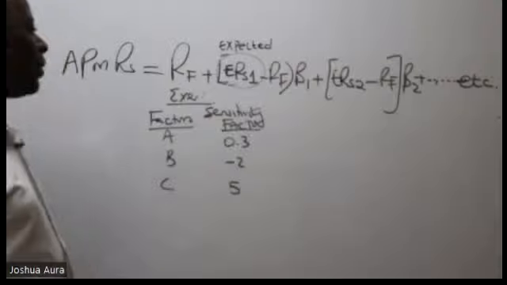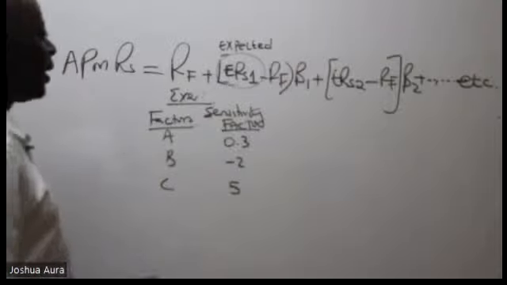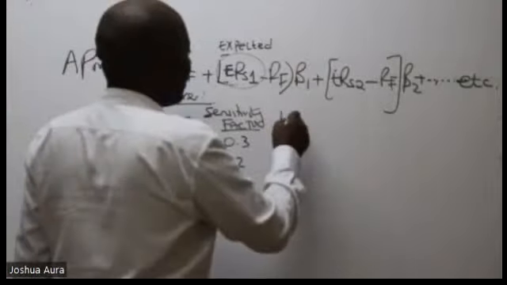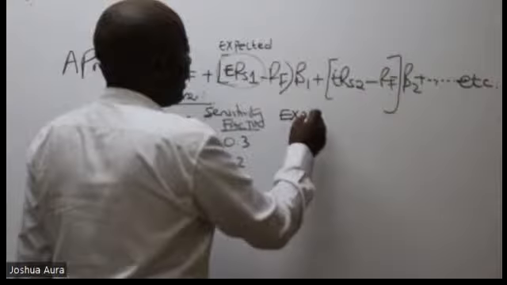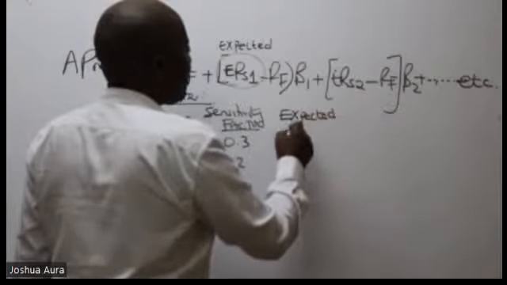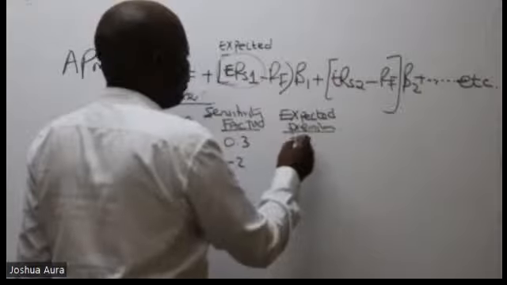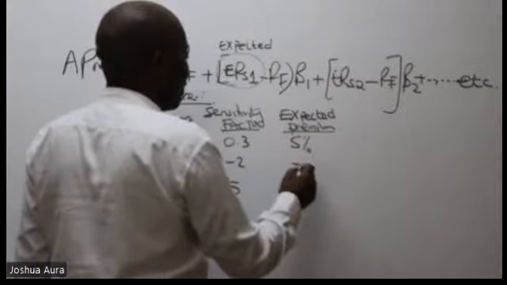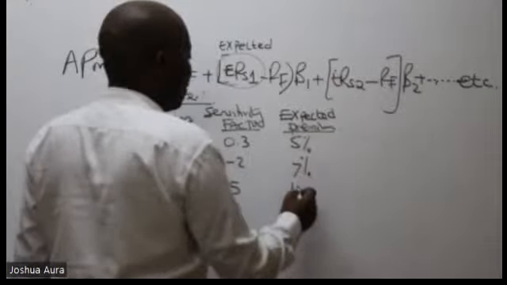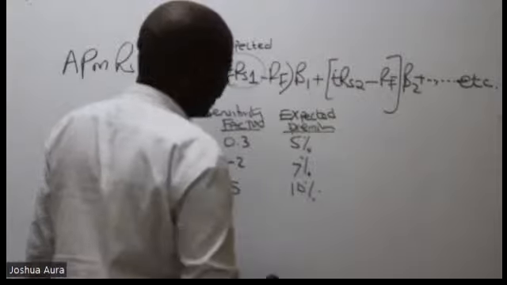And then we have the expected premiums. We could be talking about 5% here, 7% there, and then 10% here, like that.